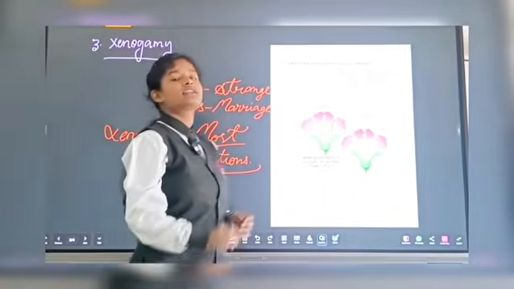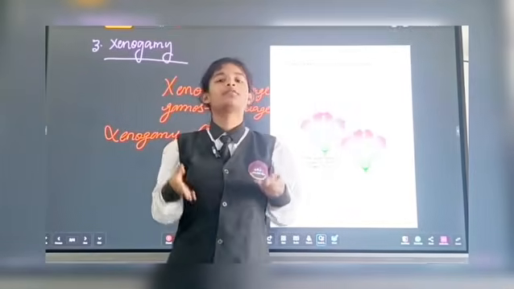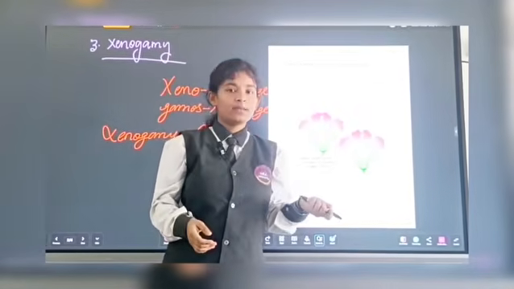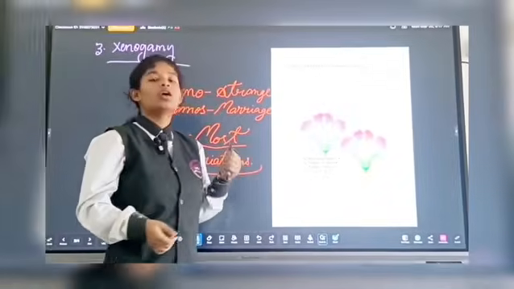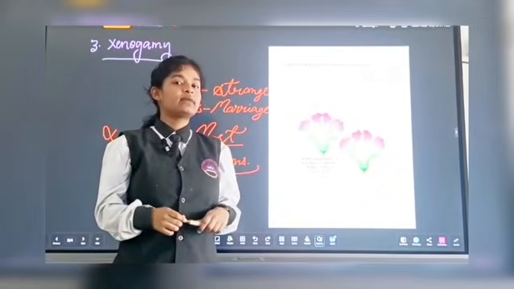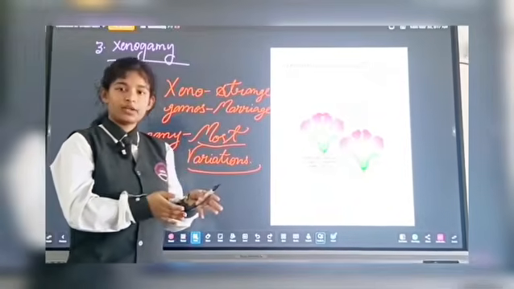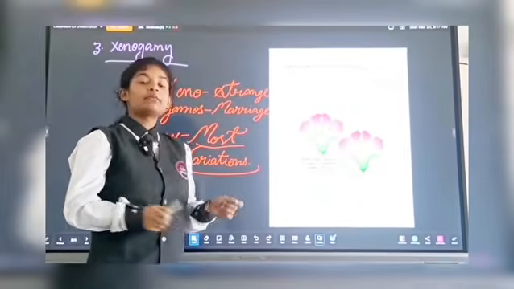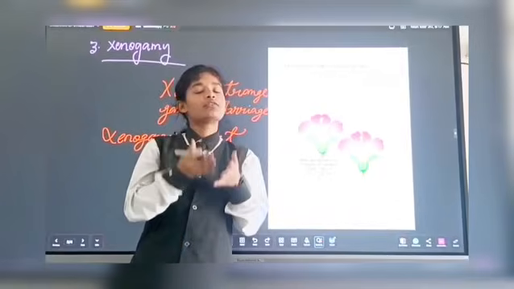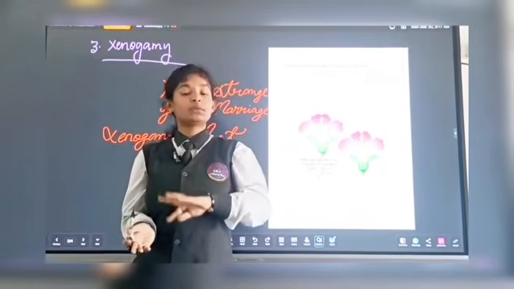So now we are all clear about pollination, the transfer of pollen grain to the stigma of the plant. It has three modes: autogamy, geitonogamy, xenogamy. Autogamy means pollination within the same flower. Geitonogamy means the same plant consists of two flowers and pollination occurs between them.